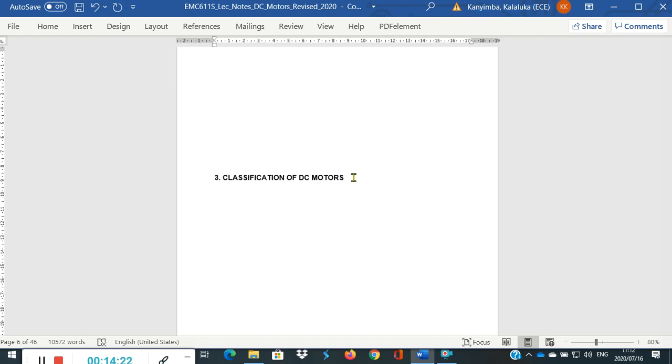Once again, as we saw when we were discussing DC generators, the behavior of DC generators depended on the manner in which their field windings were connected to the DC excitation source. So the same thing applies to the motors.